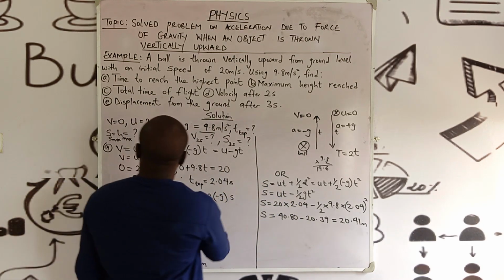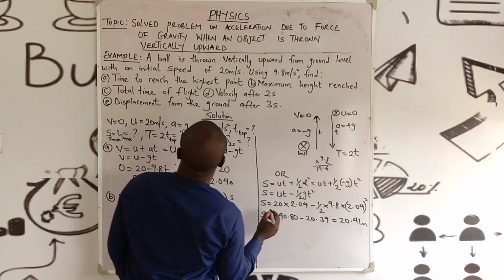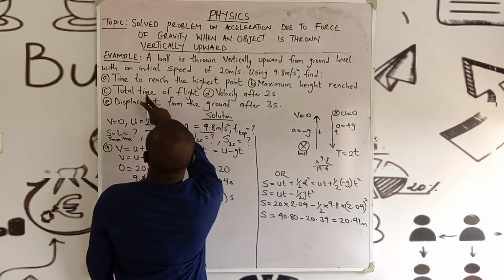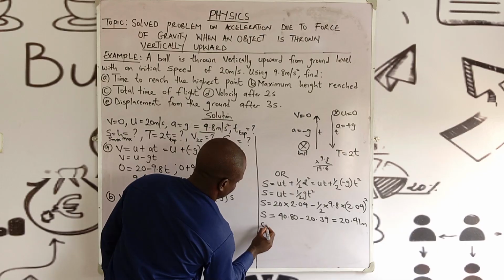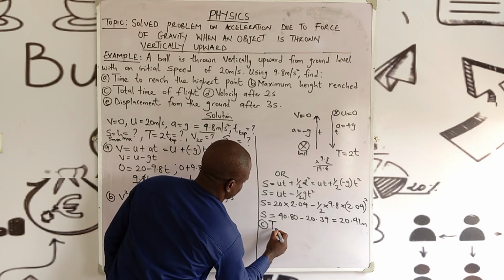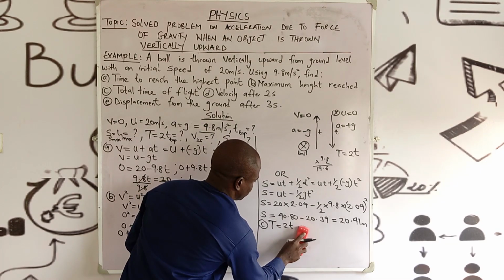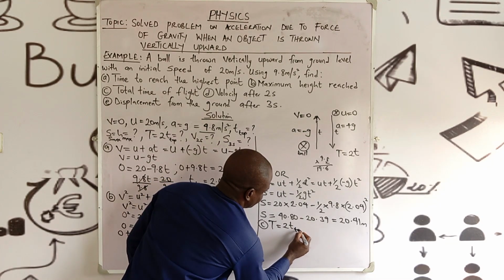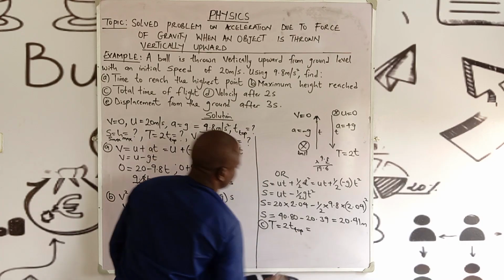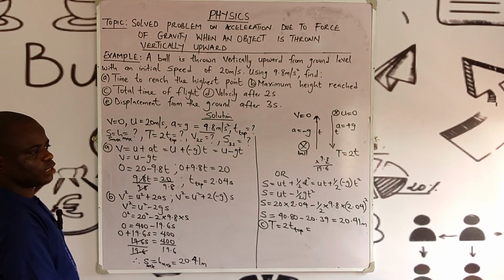Okay, now let's go to the next part, time of flight. Time of flight equals 2 times t top. Time is symmetrical. The time to go up is the same as the time to come down.